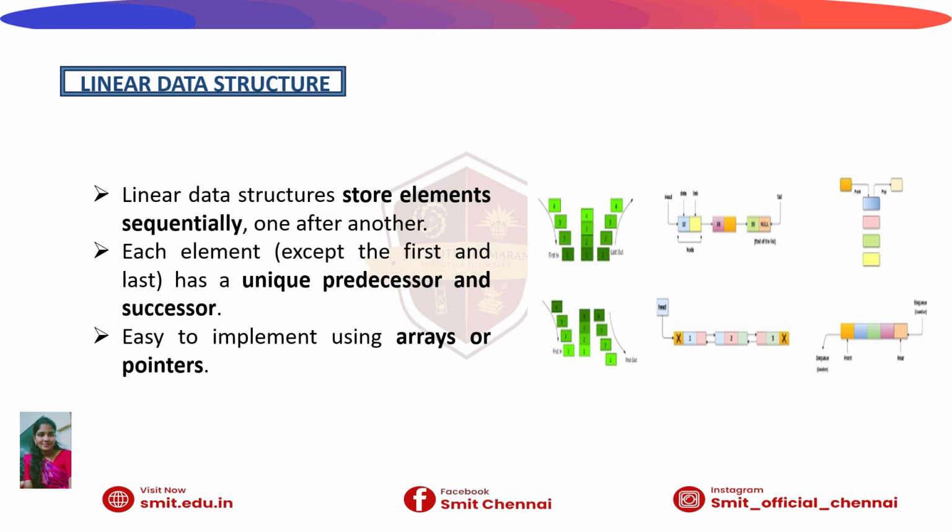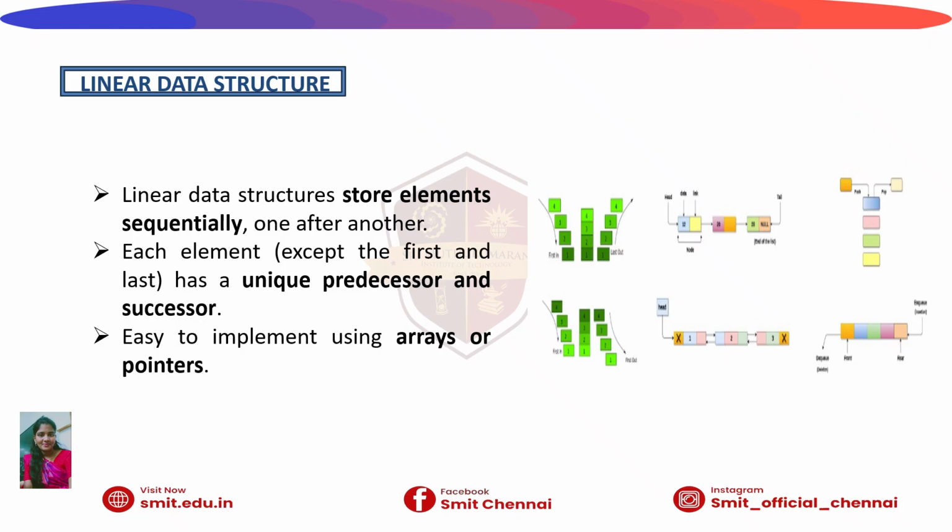Linear data structure. Linear data structures store elements sequentially, one after another. Each element has a unique predecessor and successor. They are implemented using arrays or pointers. For example, if students are sitting in a single row, each student has one student in front and one student behind.